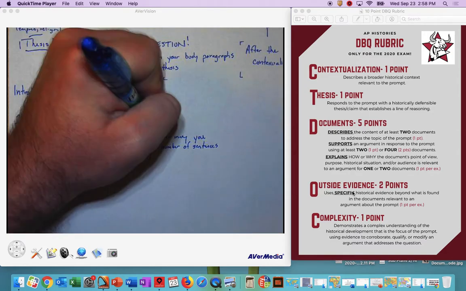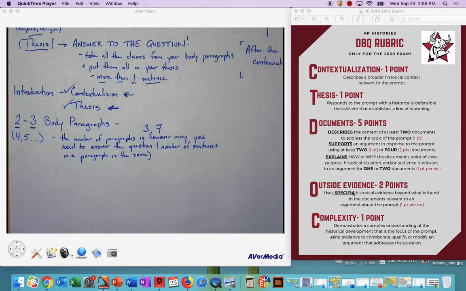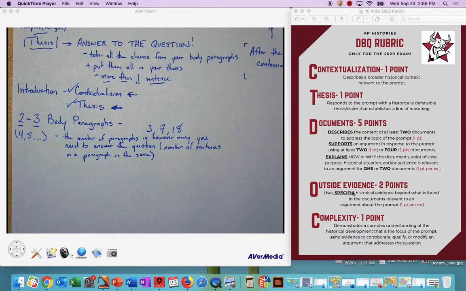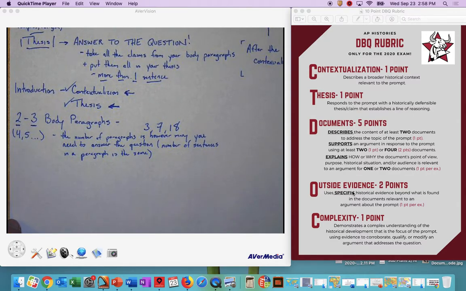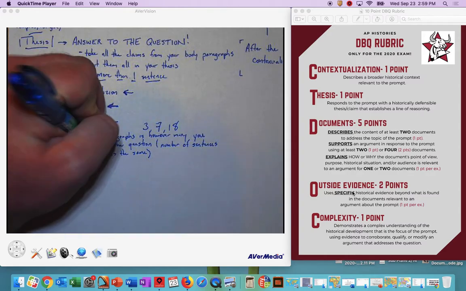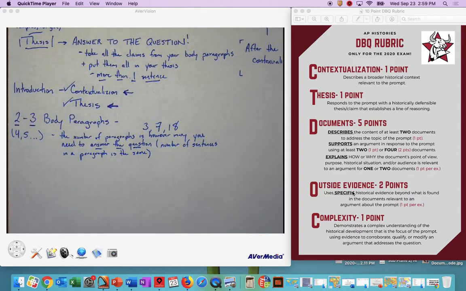It might be 7. It might be 18. It doesn't matter as long as you feel like you have answered the question. So however many sentences or however many paragraphs you need to answer the question, that's how many you need.